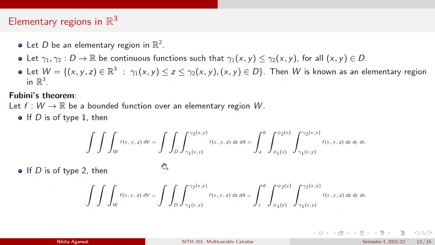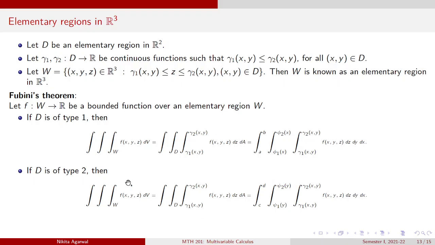But then the double integral over D can be written like this, because it's a type 1 region. So this is what you get. Now how would you solve it? By starting from inside. From the innermost, z is a variable, x and y are constants. So then you move out and out. You start from the innermost integral and then move out.